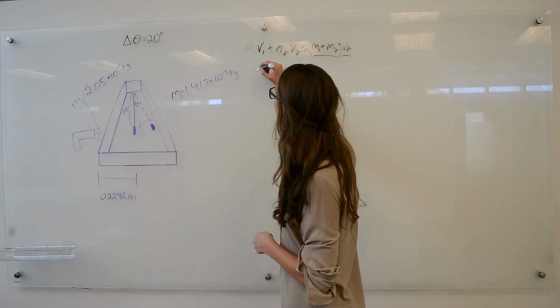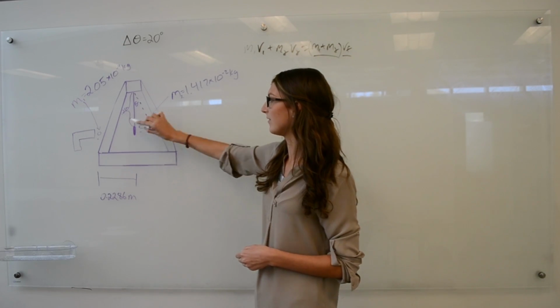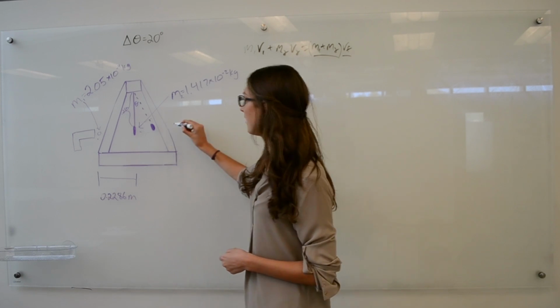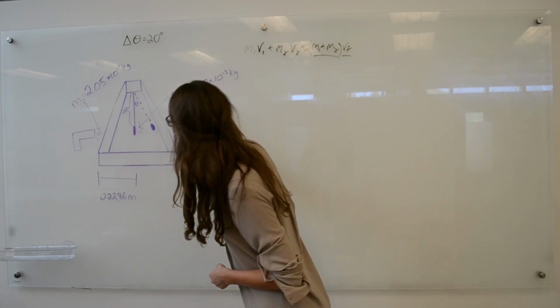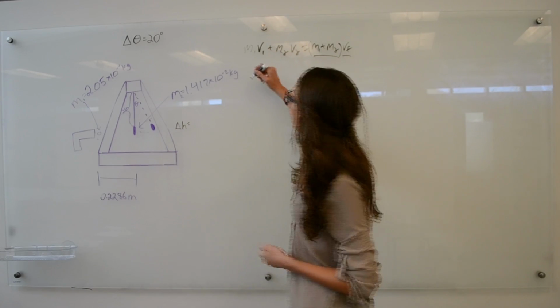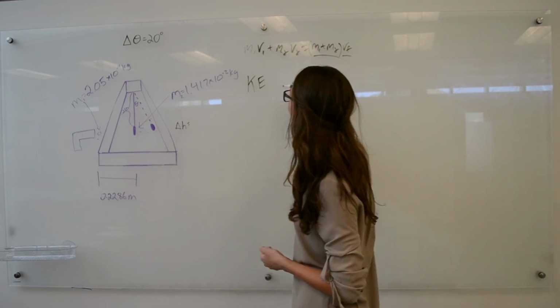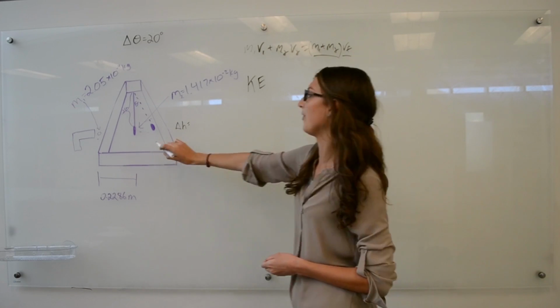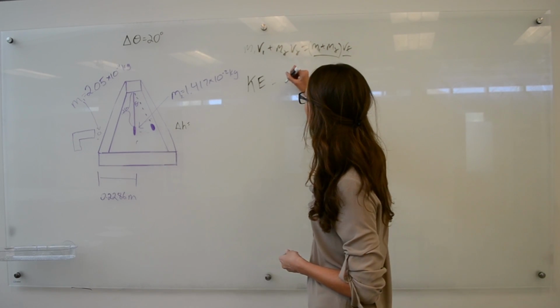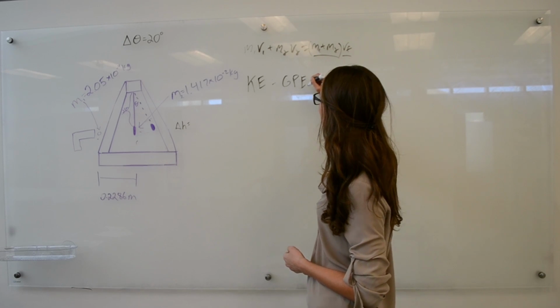So we know the distance that our structure moves up, delta h. Well, we know that the kinetic energy given by the bullet at the bottom here is equal to the gravitational potential energy.